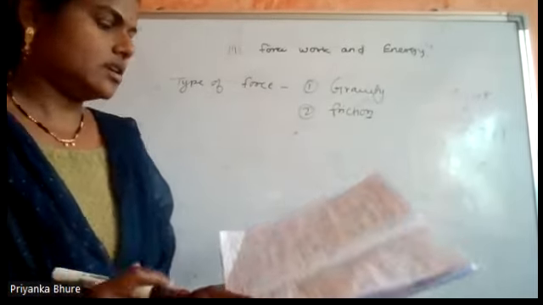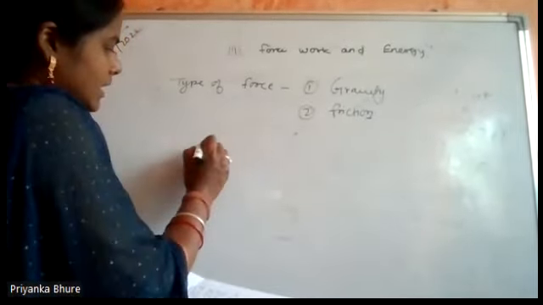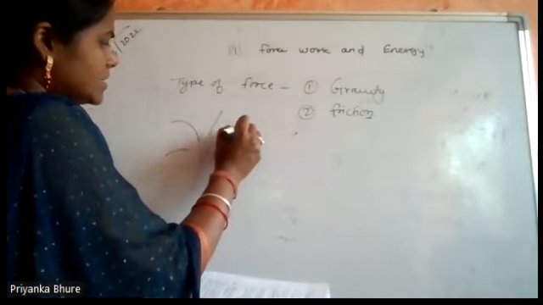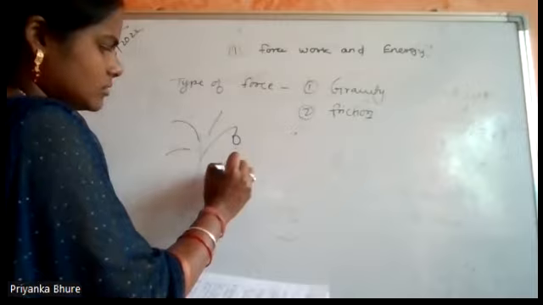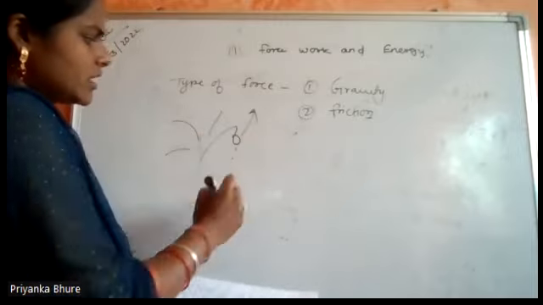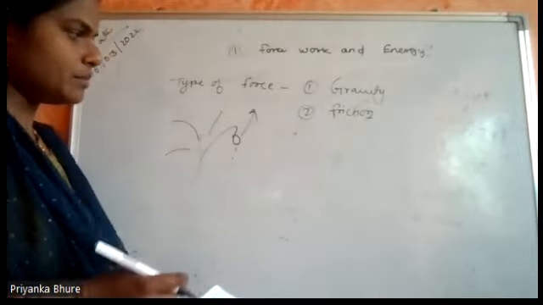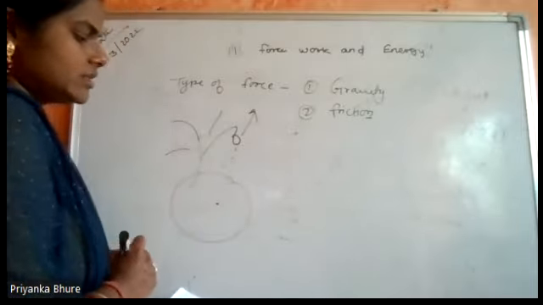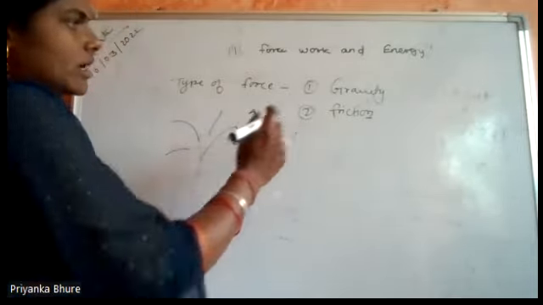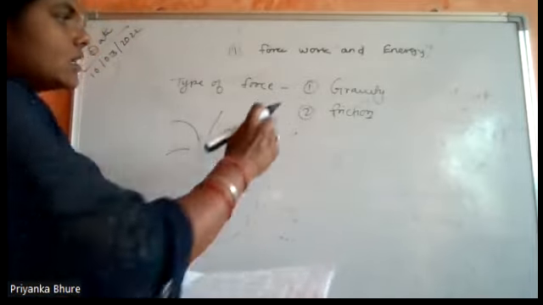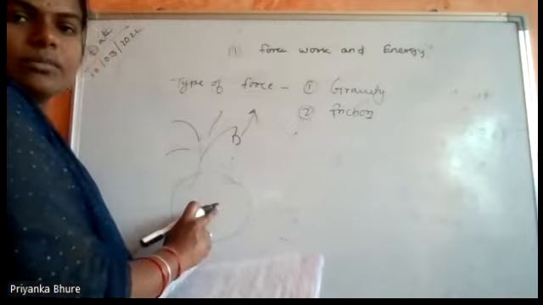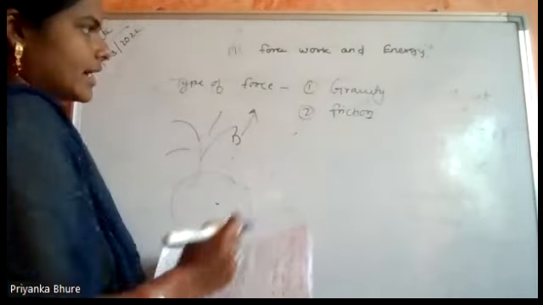Like a tree is there, and suddenly an apple falls down. Why is it not moving upwards, why is it moving downwards? Because the apple gets attracted towards the center of the earth, and that is known as gravity.